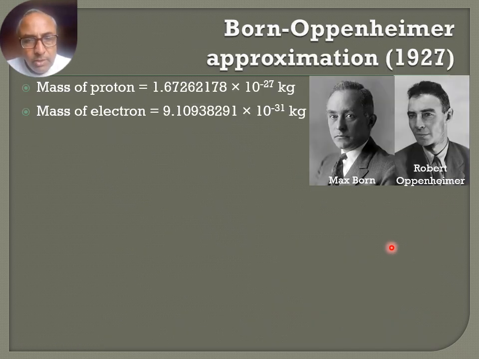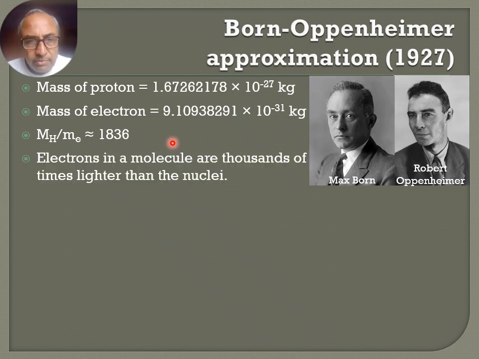In 1927, Max Born and Robert Oppenheimer developed an approximation for treating the dynamics of molecules. They noted that the mass of the proton is very much greater than the mass of the electron, and therefore the masses of all nuclei are thousands of times greater than the mass of the electron.